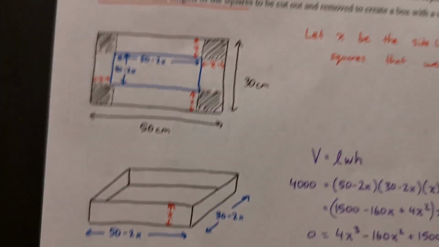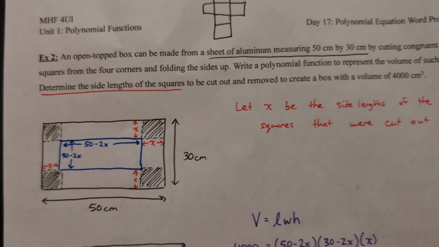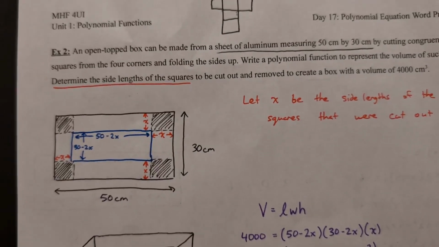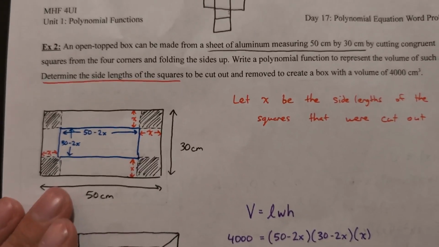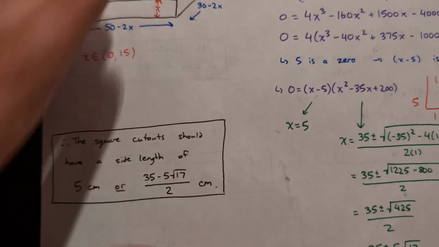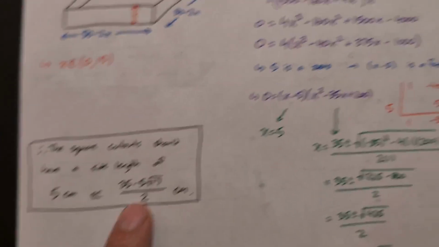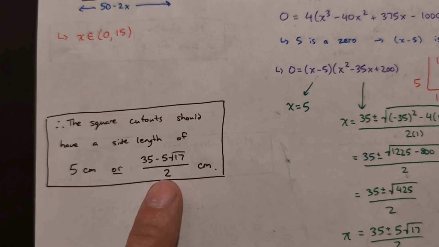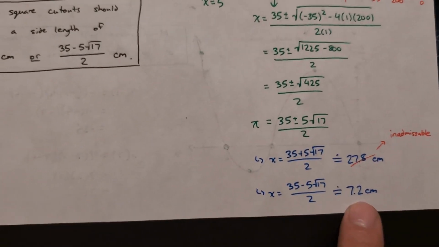And they never really mentioned anything about rounding here. I know a lot of the times in our word problems, that's what we're used to doing. But if it doesn't mention rounding, it is completely acceptable. And in the end, if you keep going forward with math, it's preferred if you write it in this format, because this is the exact number. 7.2 was rounded.